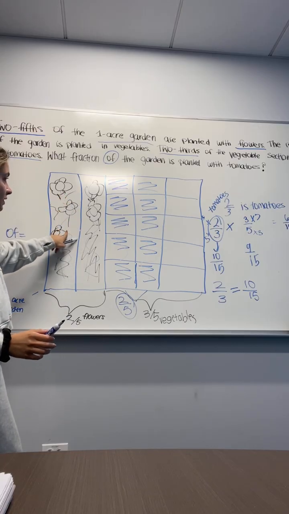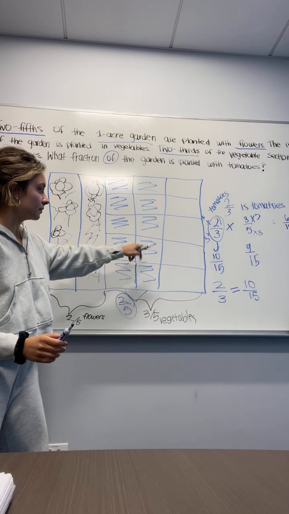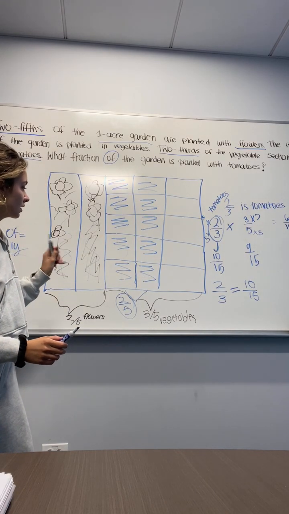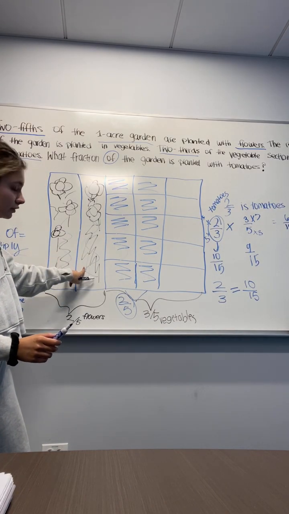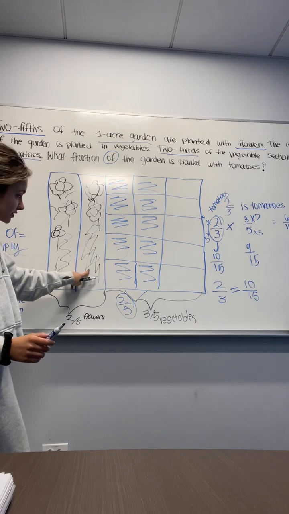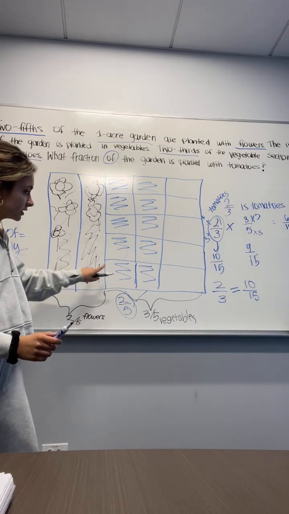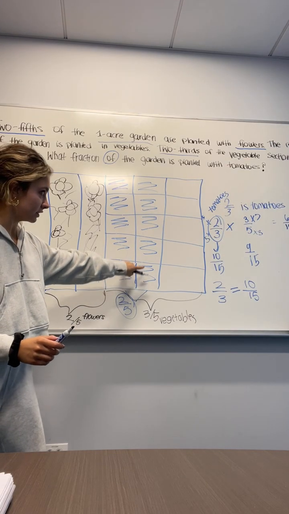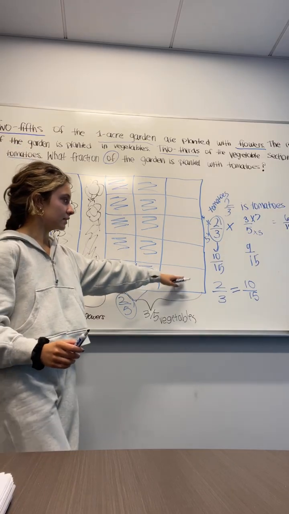So this is 1/5, 1/5, 1/5, 1/5. And we know that these are 2/5 of flowers. And this is also 2/5. And this is our other fifth.